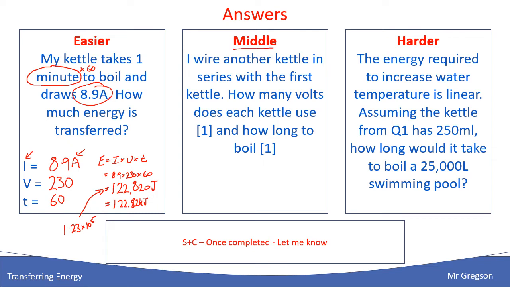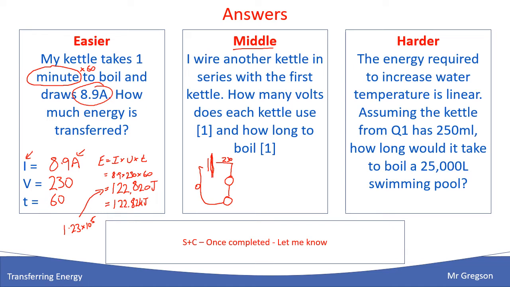If we've got two kettles in series, so let's assume we've got our voltage supply, there's kettle number 1, there's kettle number 2, and it goes all the way back around. Now I had 230 volts there, and 0 volts there, even though I'm drawing this back to front. Let's fix that on the sheet.